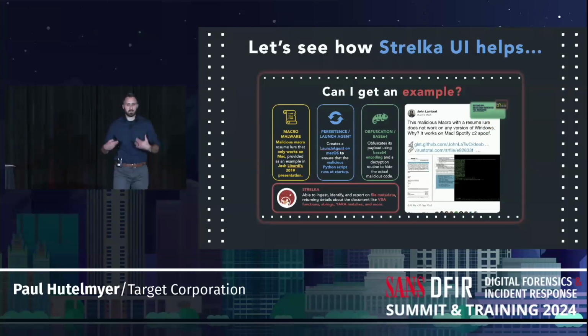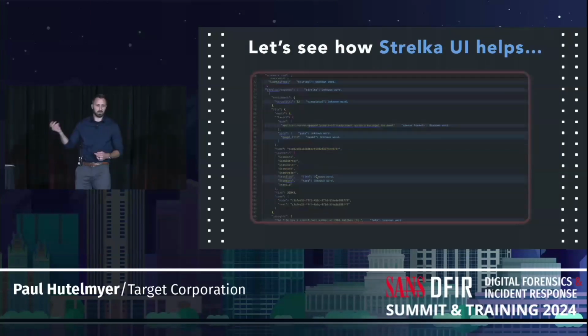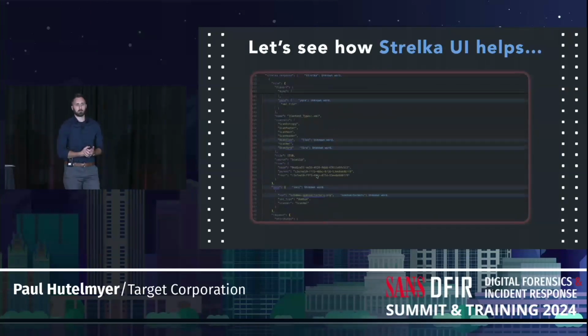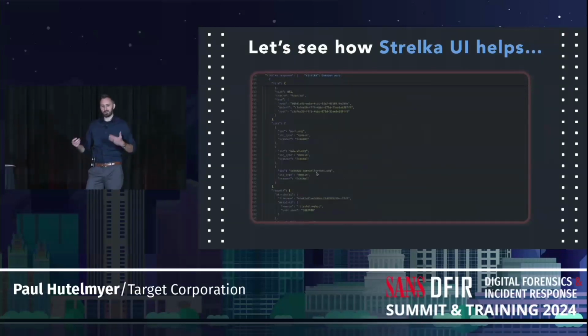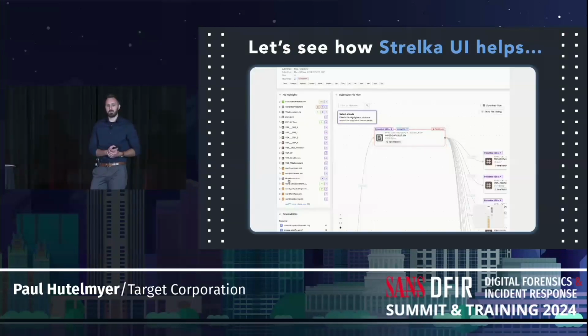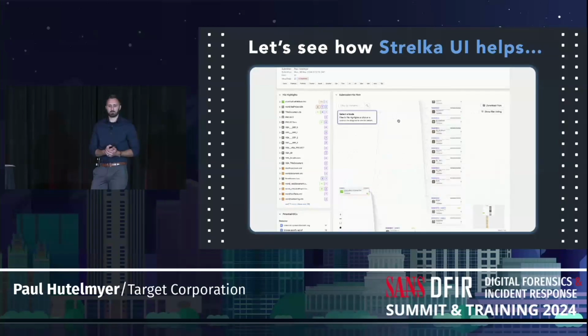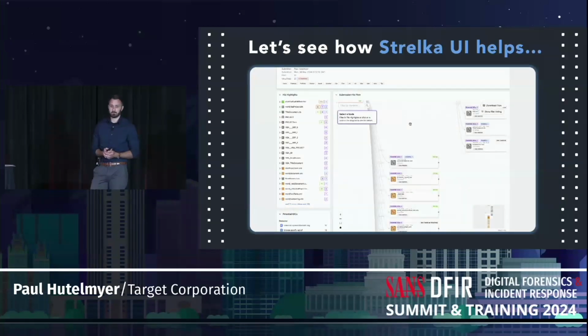Okay, so let's take a step back to that 2018 sample and see how the Strelka UI can help. Again, this is what the output used to look like. Still does, but what it looked like before the UI. And this is what it looks like in the UI. Still a lot, right? It's like a web.